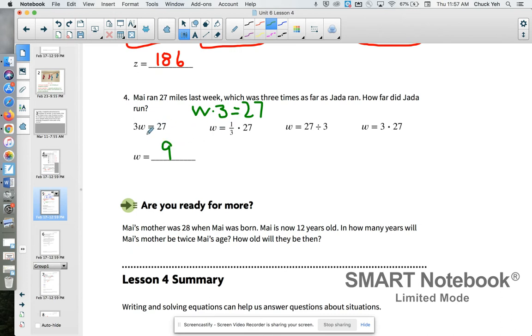Right, so which one of these, if you plugged in 9, would work? First one? Yes. Second one? So the second one would work. Because what's 1/3 times 27 over 1?